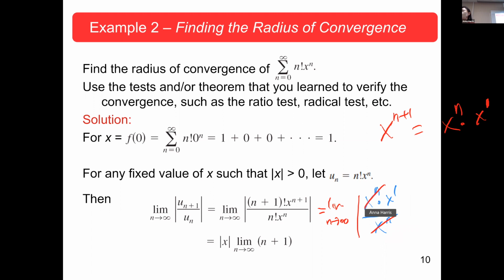Okay, what about the other one? N plus 1 factorial. N plus 1 factorial is the same as what? This means n plus 1 times what? N factorial, right? Are you with me, class? You take away 1 less, what do you get? N factorial.